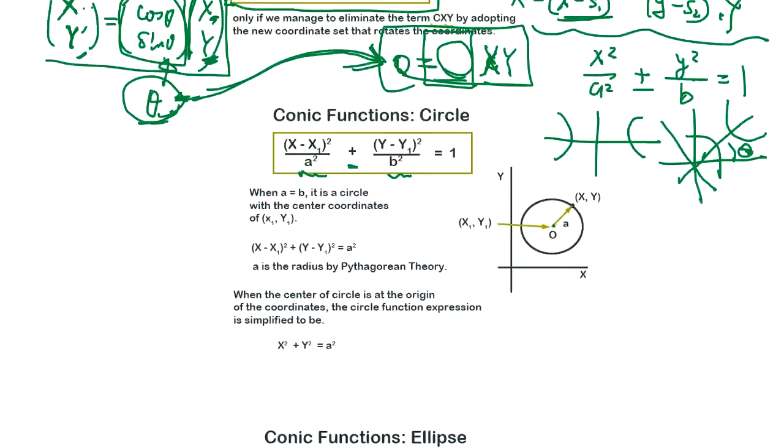The circle is sitting here, and the center point is x1, y1. It's shifted. If you change the coordinate, then it's centered at the origin. So since A equals B, this is going to be the circle's equation.